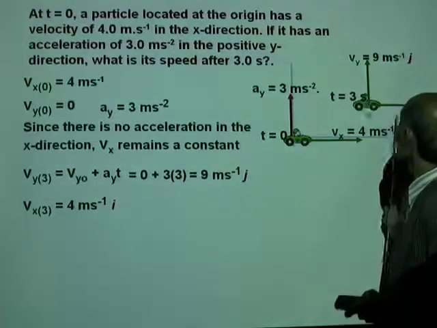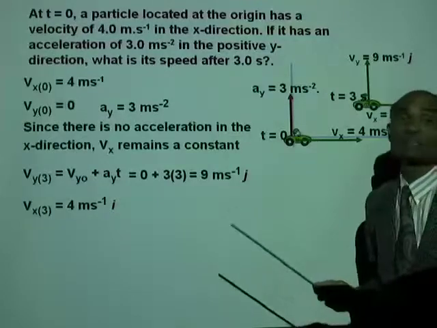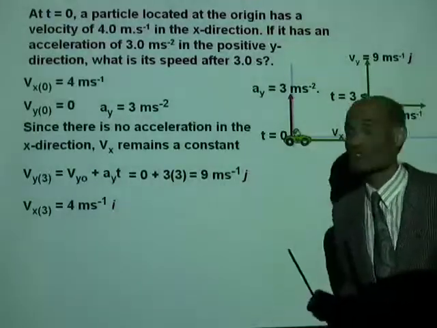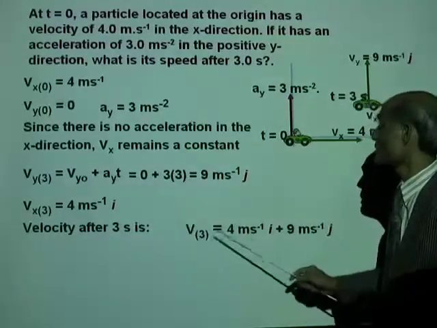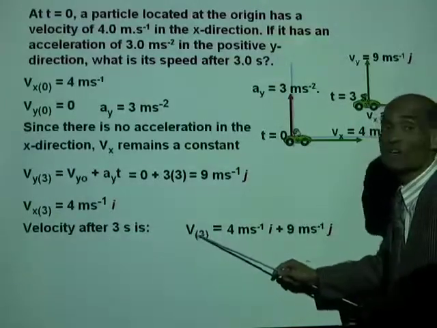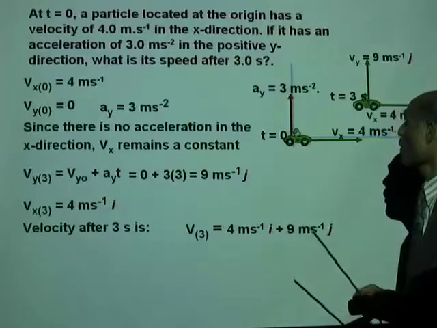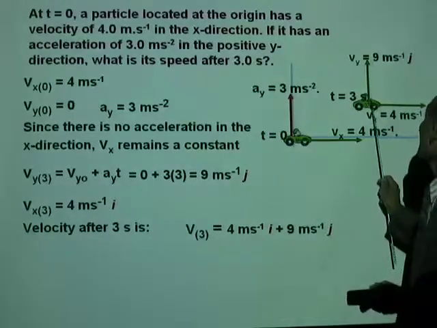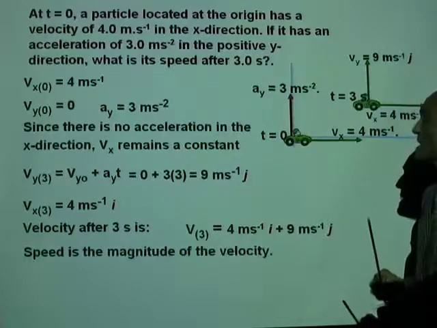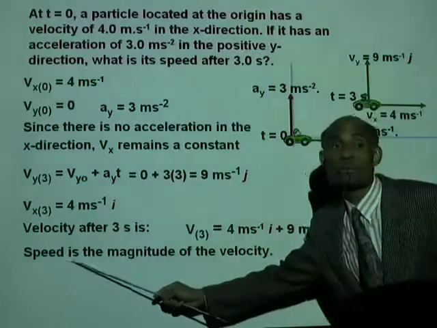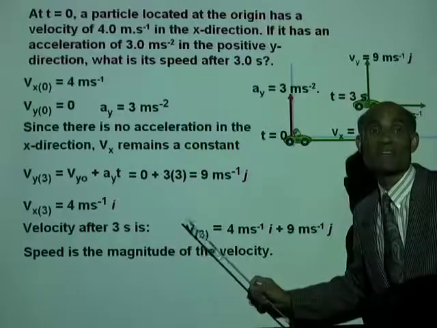So the y velocity after 3 seconds is 9 meters per second. X velocity is 4 meters per second. X velocity has not changed. Velocity after 3 seconds, therefore, is v of 3 equals 4 meters per second i plus 9 meters per second j. What is the speed of the object at that time?